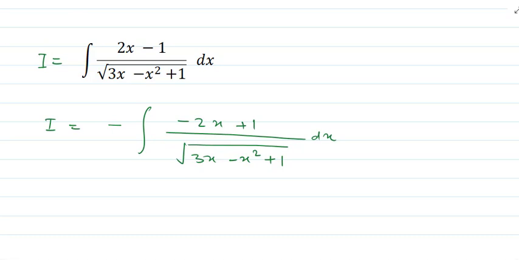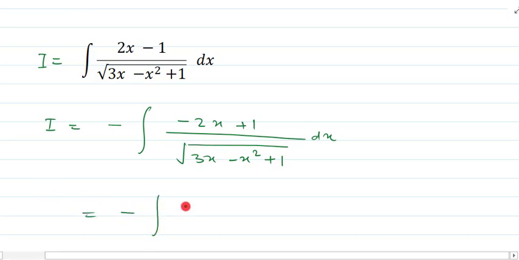Now the next is equal to minus. Now we need to create plus 3 as well. So adding 2 and subtracting 2 over here. Now let us segregate. These three terms will give us minus 2x plus 3, which is nothing but simply the derivative of the denominator, and separate the next part, that is minus 2.